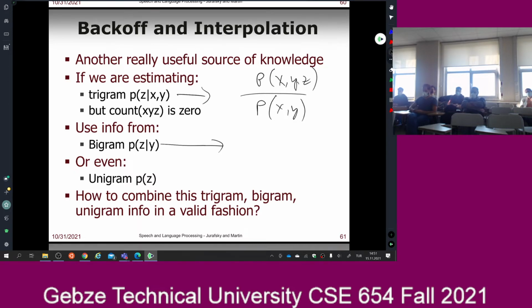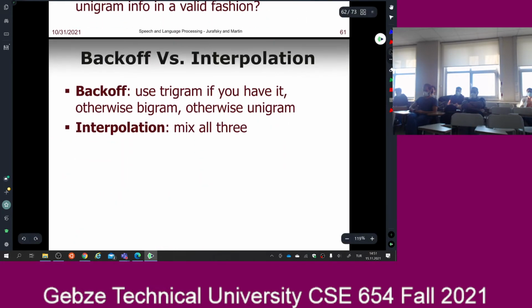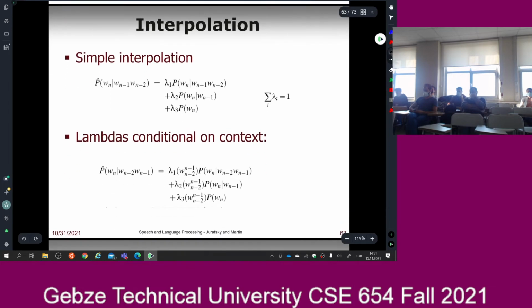But some people say that let's not do the backing off thing. Let's try to combine these three. That's called the interpolation. Back off is trigram if you have it, otherwise bigram, otherwise unigram. Interpolation is mix all three, and this is what they say.